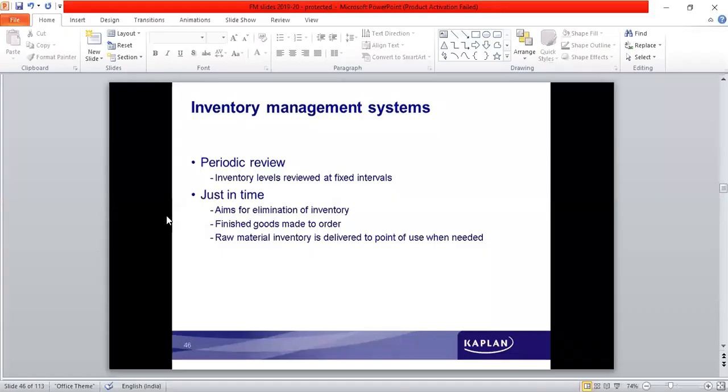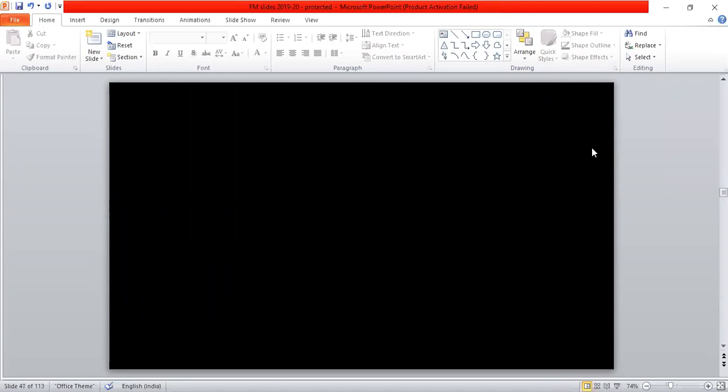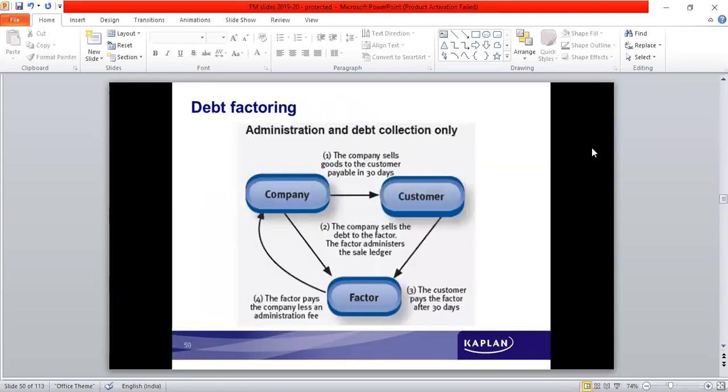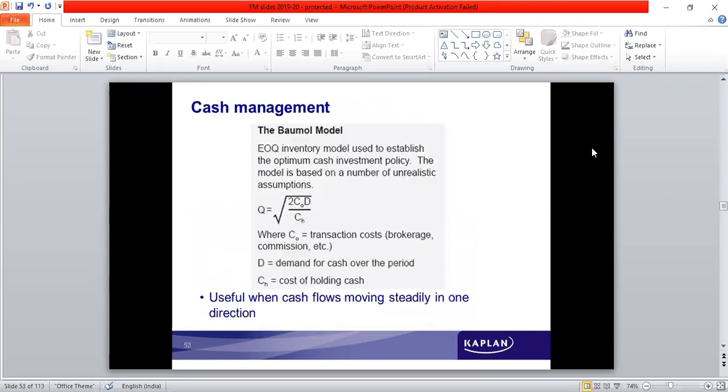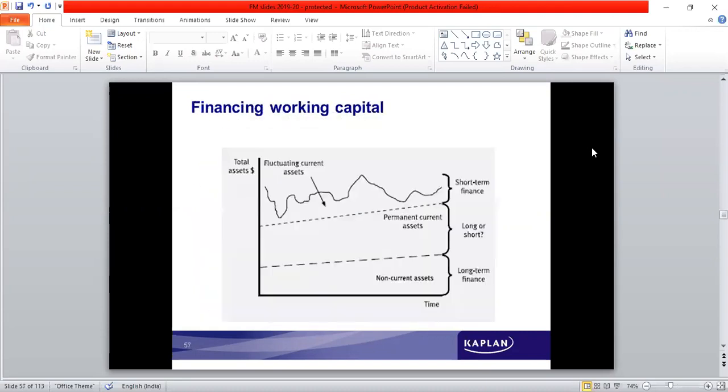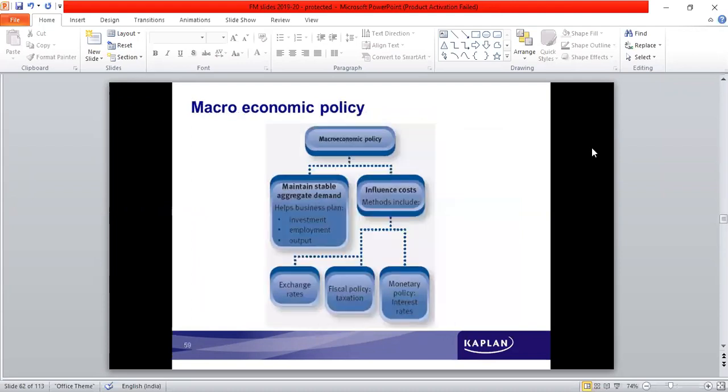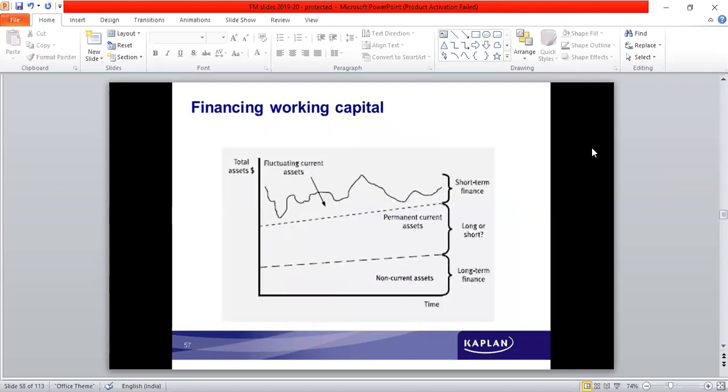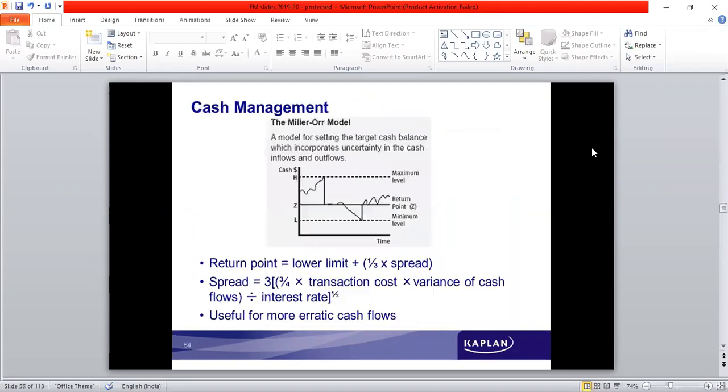We have another half an hour time. We'll see some more explanation from this. After we do this explanation today, maybe tomorrow also we will spend on working capital only. And the rest of the time in the class, we will work out many questions.